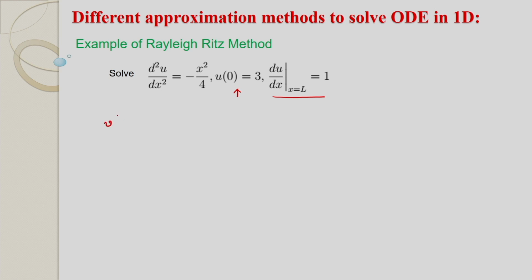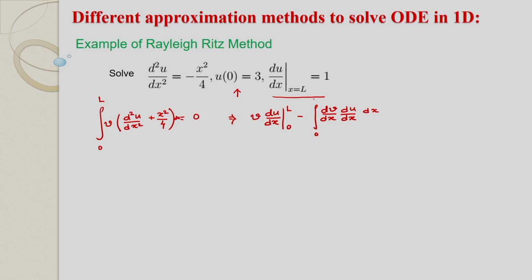So, we multiply with variation, and if you do integration by parts, the other term remains as it is.